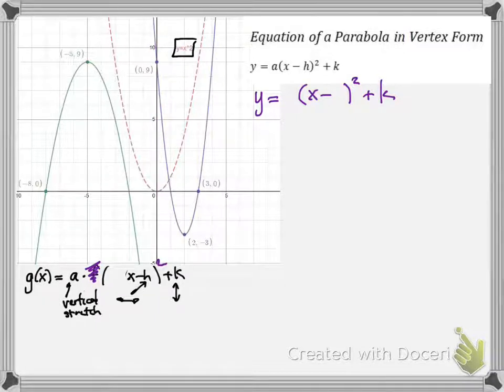So if I'm looking at this purple one, I'm going to say the normal parabola starts here at 0, 0, and that's its vertex. This new one has a vertex that is right here. It has shifted sideways 2, that is my h value, and it has shifted down 3, so that's my k value.